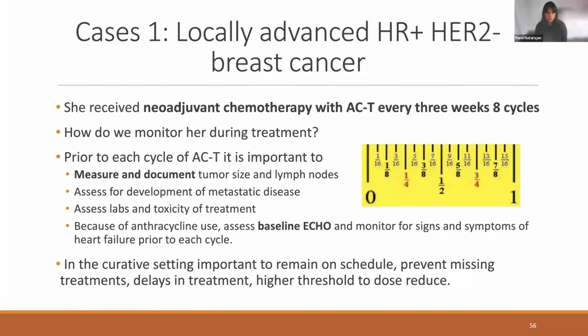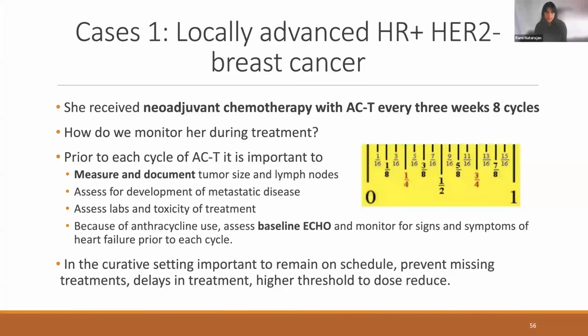So how do we monitor her during treatment? In the neoadjuvant setting prior to each cycle, it's very important to measure and document the tumor size and lymph nodes. And I always pull out a measuring tape and really make sure that this is documented in the chart so that we can make sure that the tumor is getting smaller.